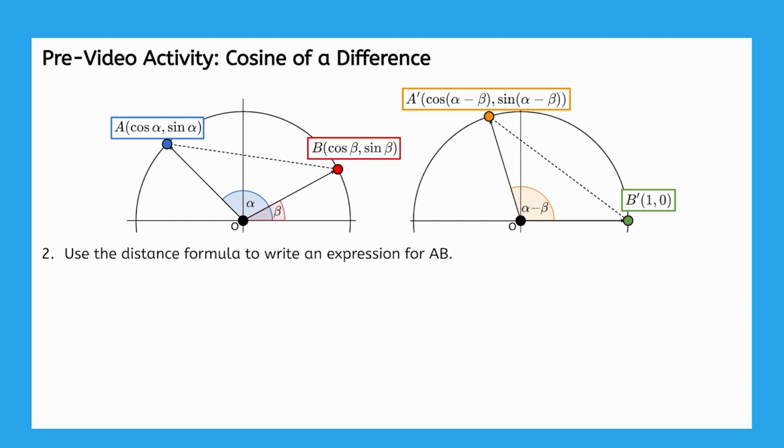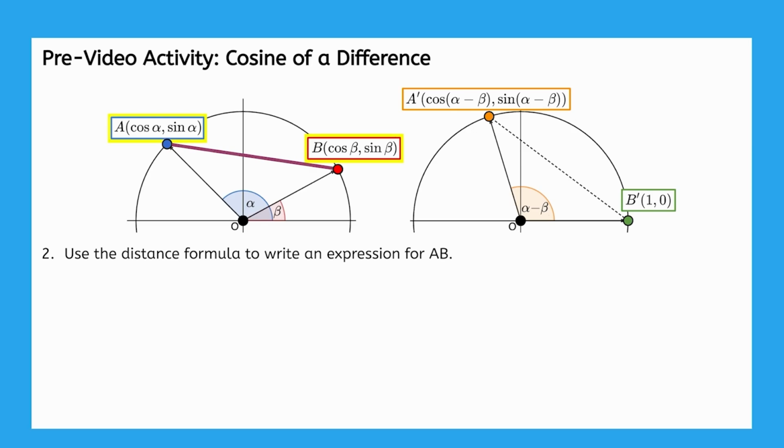Now let's write an expression for AB using the distance formula. We are given that the coordinates of point A are cosine of alpha, sine of alpha, and that the coordinates of point B are cosine of beta, sine of beta. This makes sense because these points are on a unit circle.